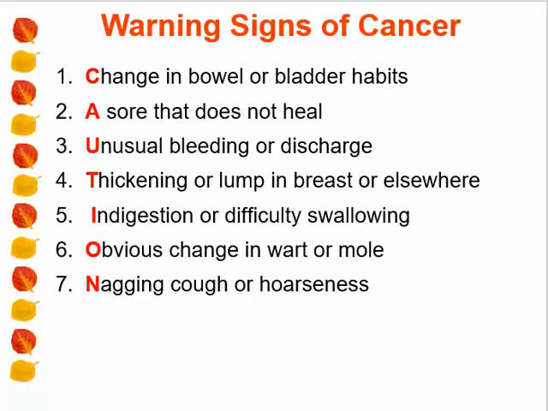Thickening or lumps can be just about anywhere, but it really is kind of pointing to breast. Indigestion, difficulty swallowing probably has something to do with pancreas or stomach, something in that nature. Changes in warts or moles is probably melanoma. Nagging cough and hoarseness is probably lung cancer.